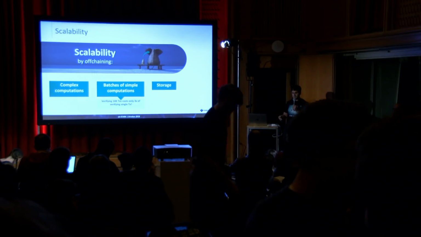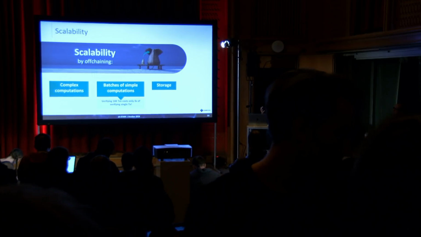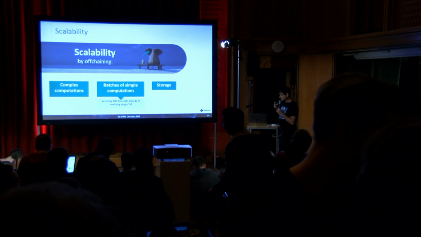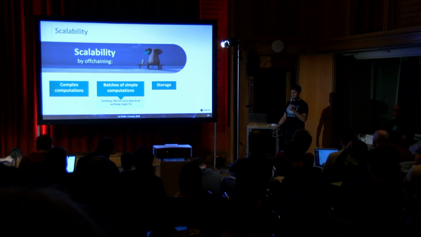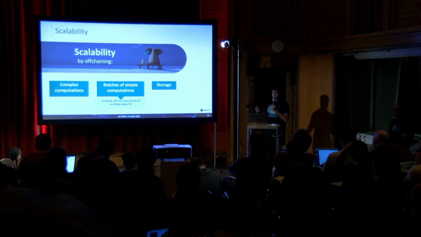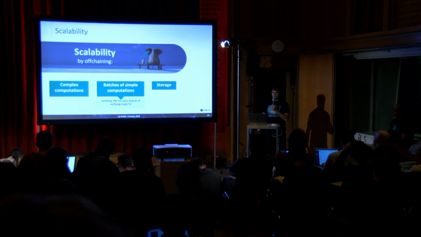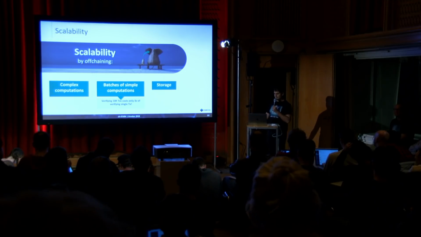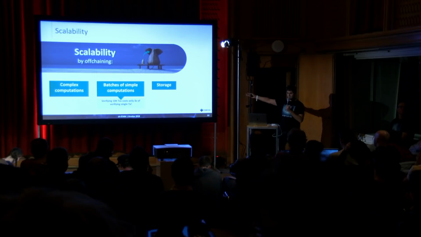And the second one is batching of simple computation. So the idea here is the following. Let's say that you have a game, for example CryptoKitties, and the cost per transaction is very expensive because you're running some computation, because you're using storage. This is the third category here.